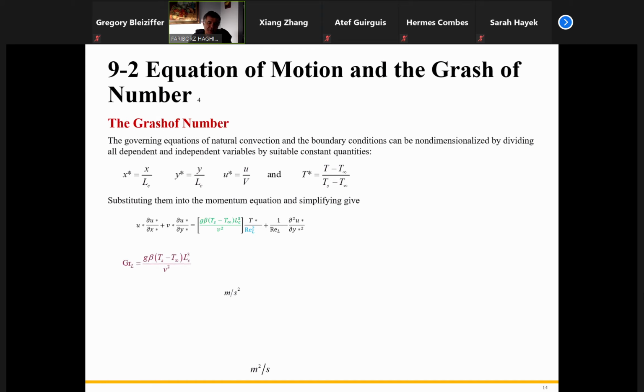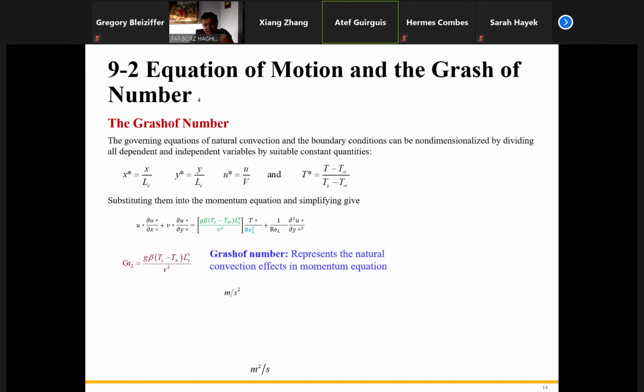The Grashof number has g, 9.8, and beta, which is 1 over T, times the temperature of the surface minus the temperature of the liquid. This is a characteristic length. Again, please remember characteristic length, and this is kinematic viscosity. Therefore, this is called the Grashof number, and that represents the nature of my natural convection.